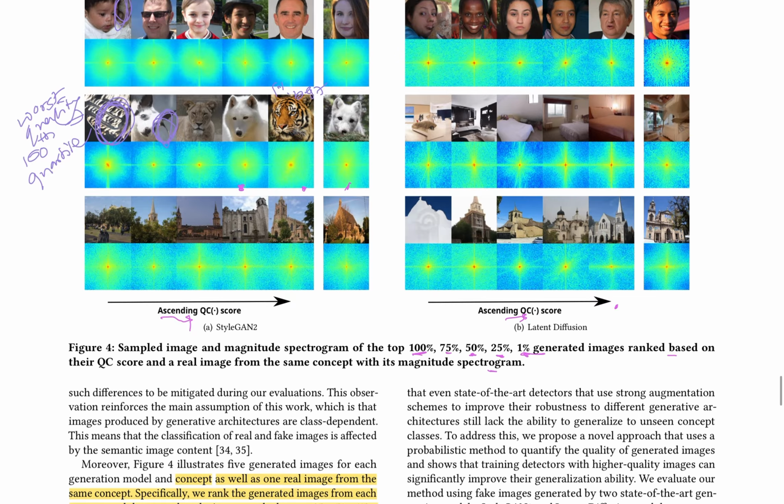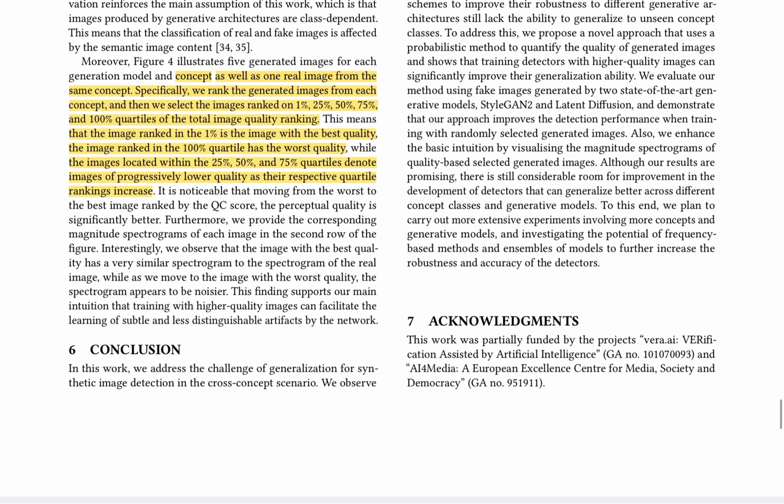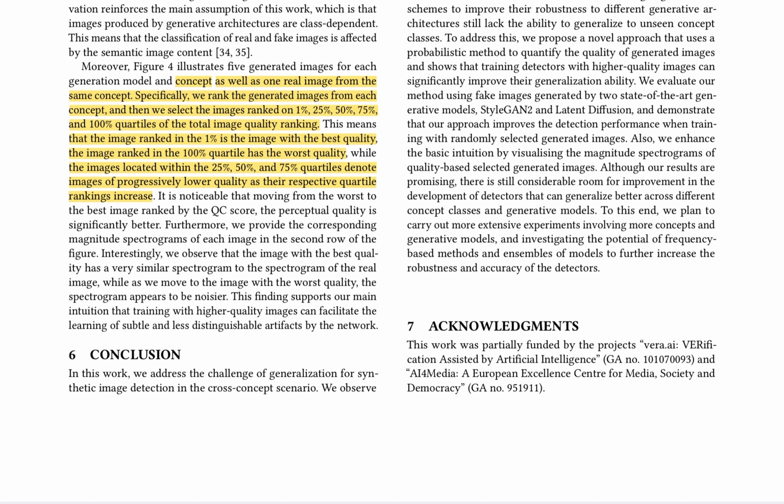Yeah, it makes sense. So as you go into the top 1 percentile, you'll have the highest QC score as well. It is noticeable that moving from the worst to the best image ranked in QC score, the perceptual quality is significantly better. Furthermore, we provide the corresponding magnitude spectrograms for each image in the second row.